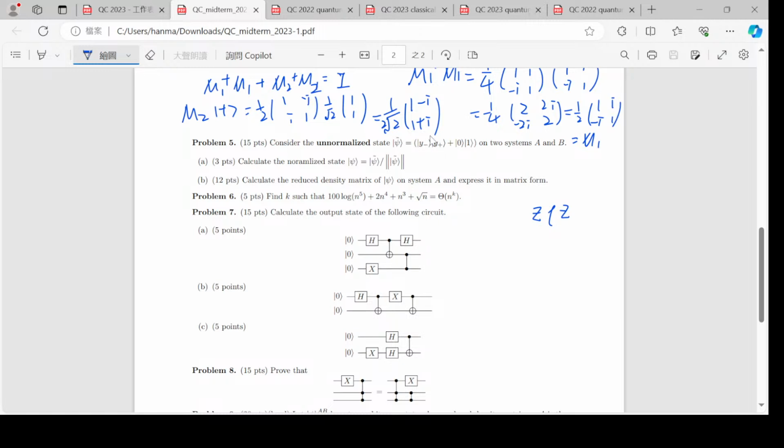We have a bad number here, so I just ask you to normalize this for me. Say psi tilde. The norm of psi is just this thing, taking the square root. So the norm of psi equals the inner product with itself, taking the square root.